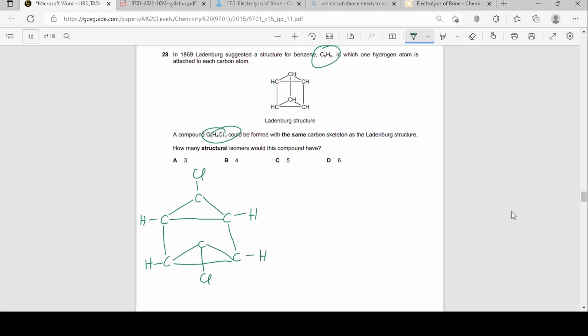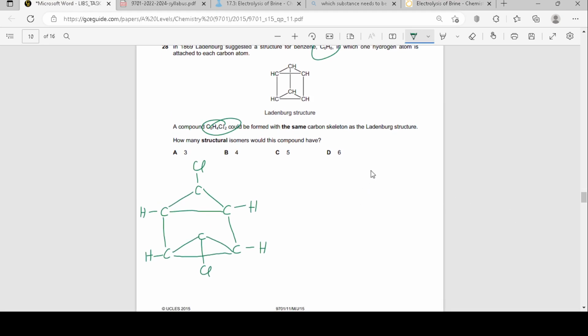Now, if I think of other structures I could have, let me think. So if I have the same carbon skeleton, right? Because we said that we have the same carbon skeleton, so I'll just make the same carbon, and there's actually a bond here as well. Actually, I just realized that. Yes, see over here. So that's one of the bonds, and I have the same carbon skeleton basically. So C, and then another C there and a C there.